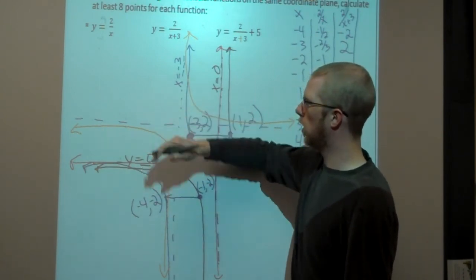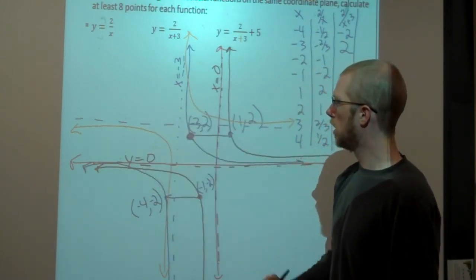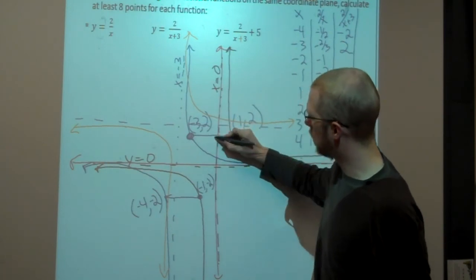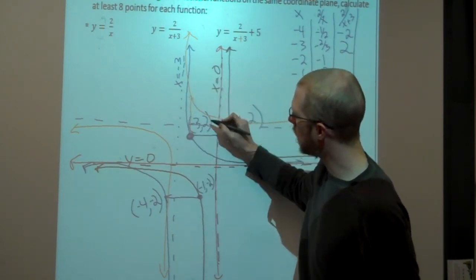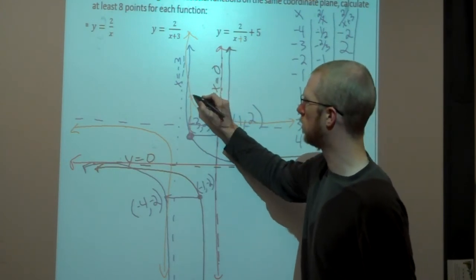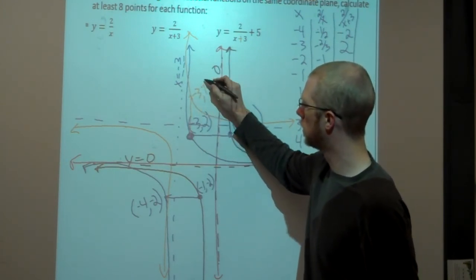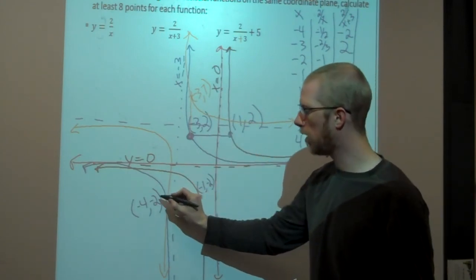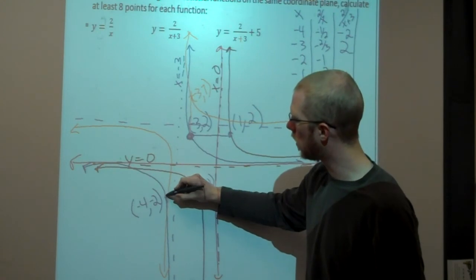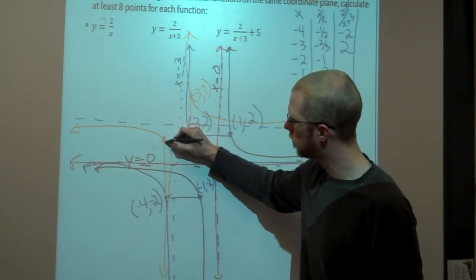Same direction for the numerator, that's going to bring us up to here. Now this point, which had gone left 3, is now going to go up 5, which is going to change my y value. Negative 3, comma 7. This point went left 3, it is going to go up 5.